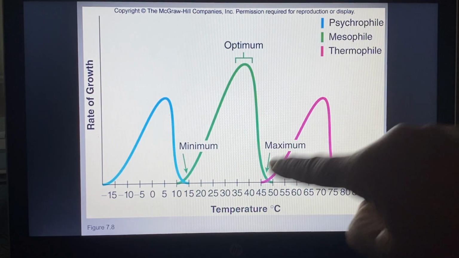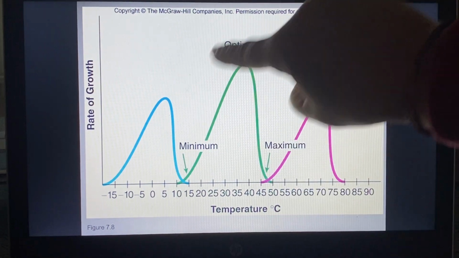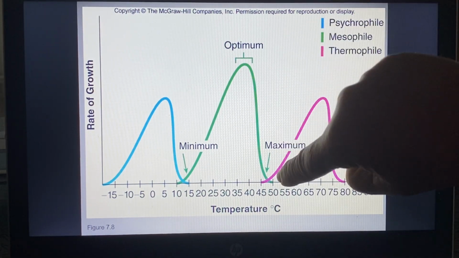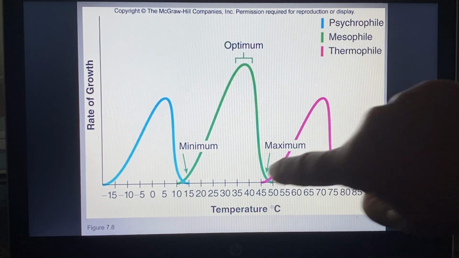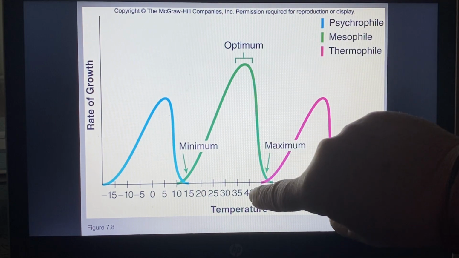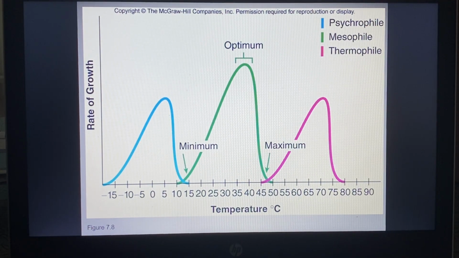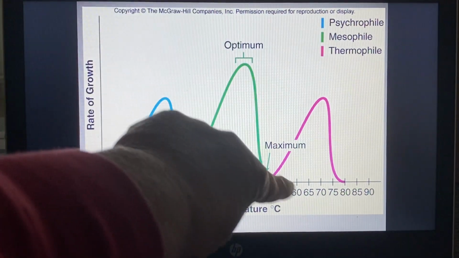And then you have the optimum. And so look at how much this grows. This is the rate of growth. So this would be an example of a human pathogen because its optimum is right about 37 degrees Celsius. And that's most human pathogens. So basically, every single bacterial species is going to show a curve like this.